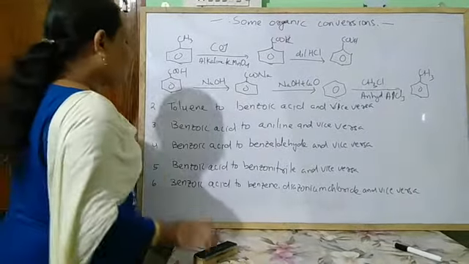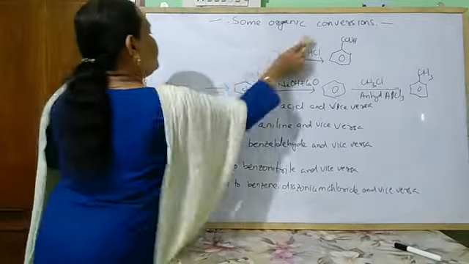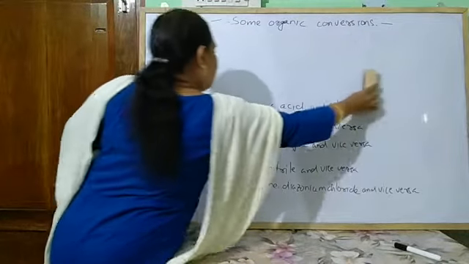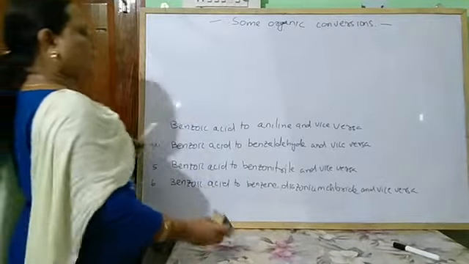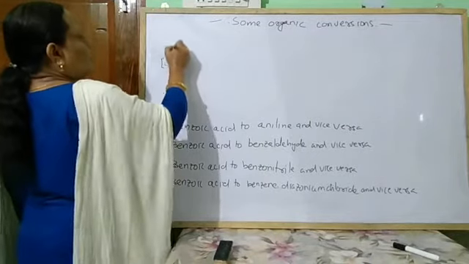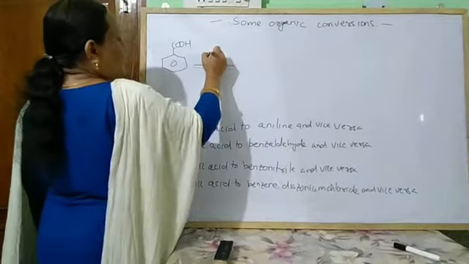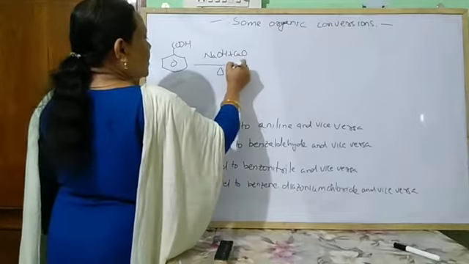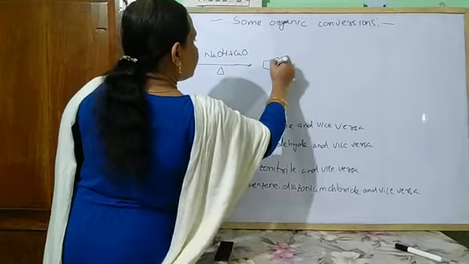Next question, benzoic acid to aniline. Benzoic acid, directly you can write, when heated with soda lime forms benzene.